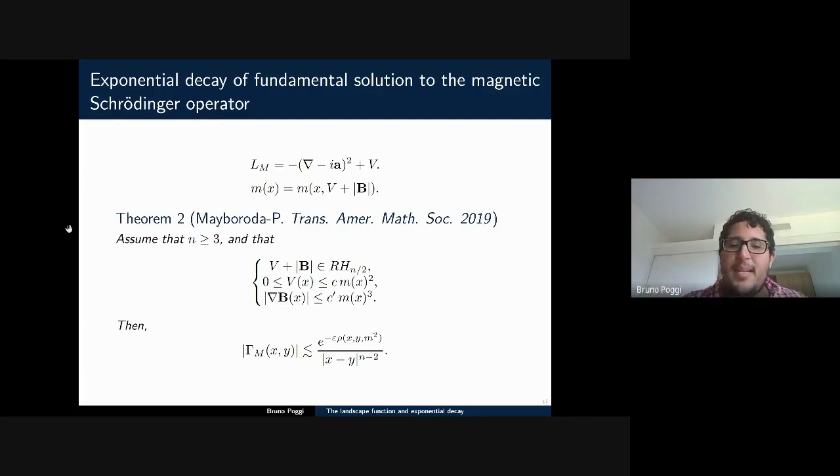We have to restrict to the classical magnetic Schrödinger operator that is written here, minus Laplace minus iA squared plus V. The reason is that we heavily use the Kato-Simon inequality, which I will present soon. As you can see, this is the generalization of the estimate of Shen to the case of the magnetic Schrödinger operator, except that we only have the upper bound.